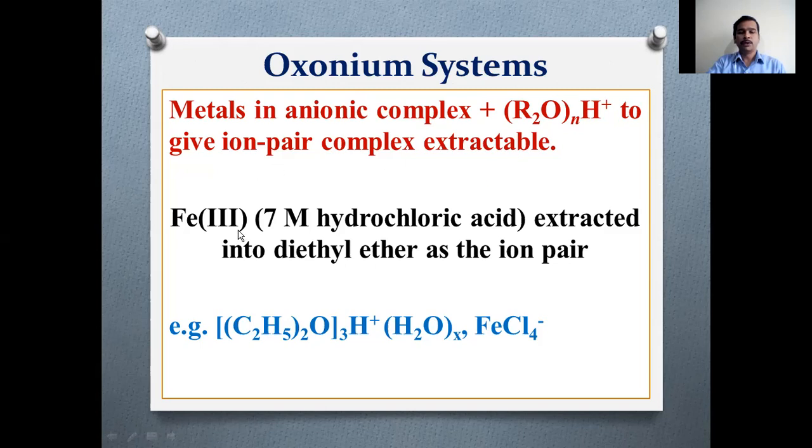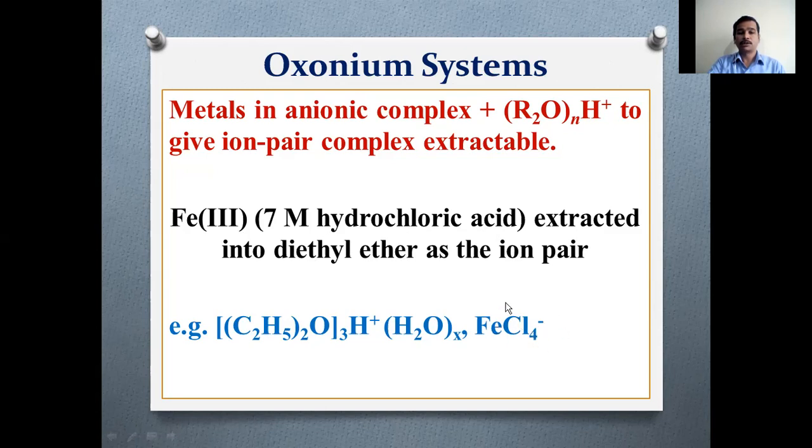Say, for example, if you wanted to extract iron 3, you take it in the aqueous medium at an acidic level, say 7 molar hydrochloric acid, which you introduce to the aqueous phase. So that can be extracted into the diethyl ether layer very selectively. When iron 3 is treated with hydrochloric acid, tetrachloro iron 3 will be the species. Tetrachloro iron 3 complex will be obtained.